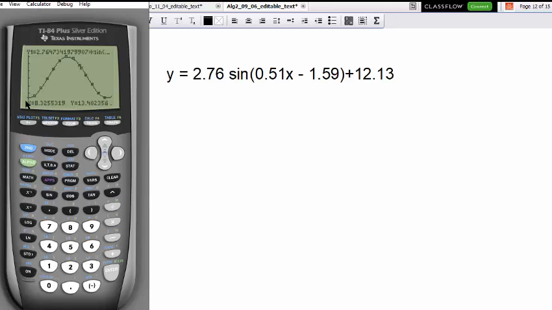And since 1 is January 15th, 2 is February 15th, 3 is March 15th, if I want to find out what it might be on March 1st, well, if this is 2 and this is 3, I want to know what it would be at 2.5. So I can actually type in 2.5 and hit enter, and it will pull me back.